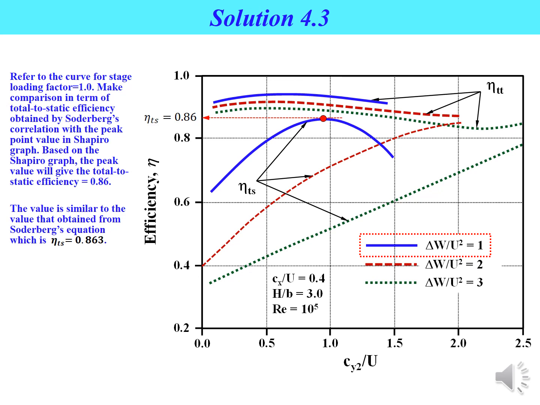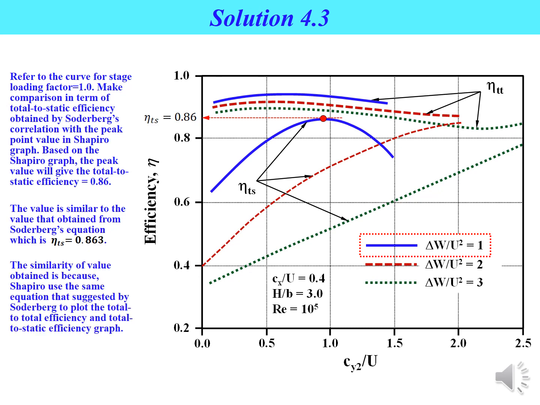The similarity is because Shapiro 1957 used the same equation suggested by Soderberg to plot the total to total efficiency and total to static efficiency graph. That's why we get a similar value of total to static efficiency at the peak point of this Shapiro graph when the stage loading coefficient equal to 1.